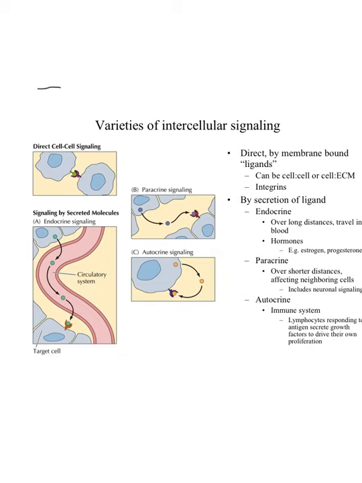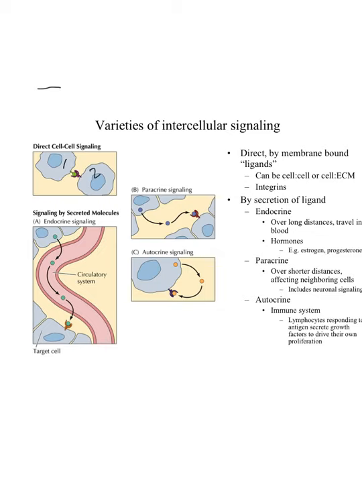This is one that I think is really cool because here the ligand and the receptor are both membrane anchored. So one cell is expressing the ligand, the little green guy at the surface there, and the second cell is expressing the receptor, the little red protein at the cell surface.